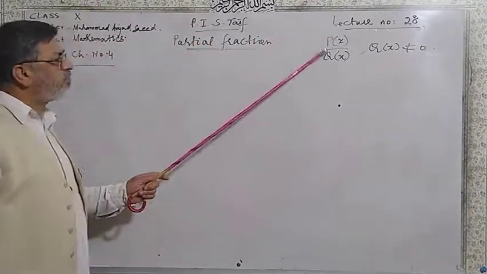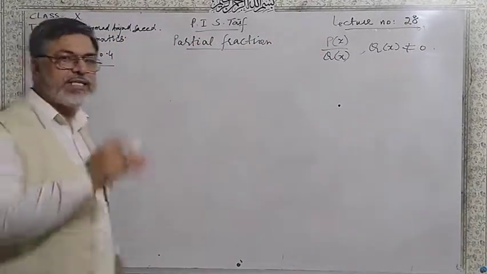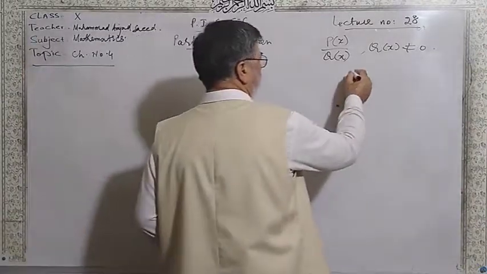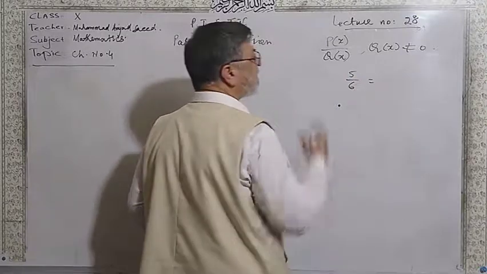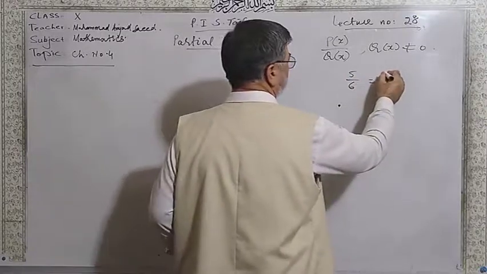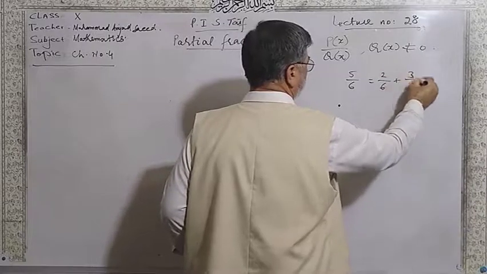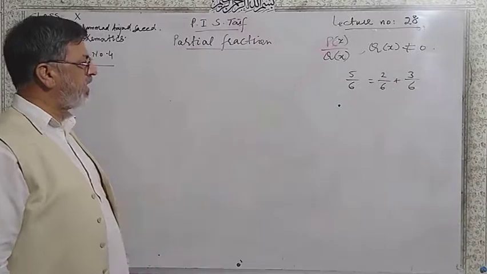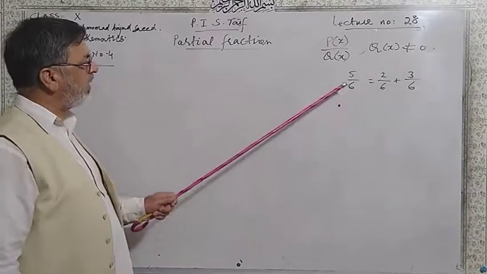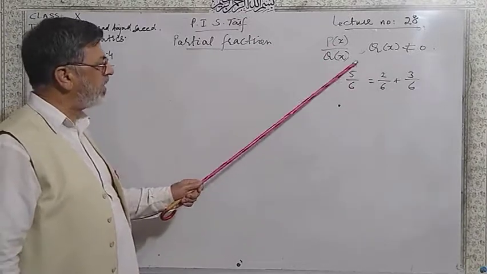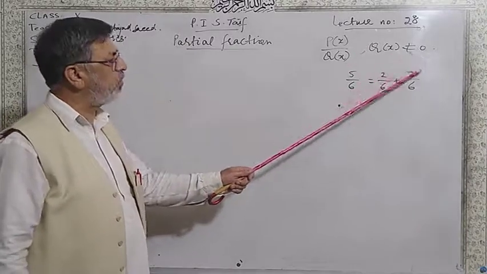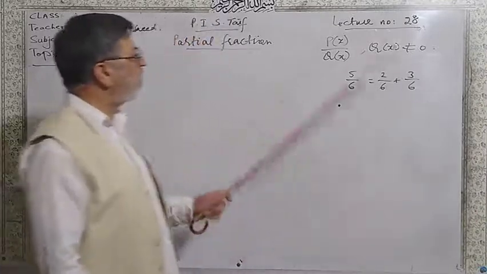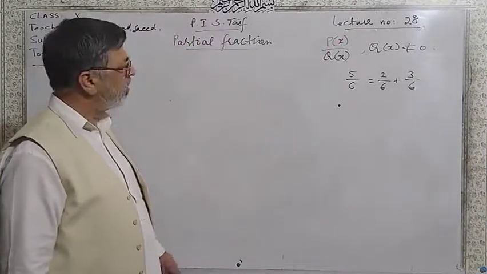If we split up this fraction into its simple fractions, for example, we have 5 over 6, you can split it up as 2 over 6 plus 3 over 6. That right hand side must be equal to left hand side. So in this way, a complex fraction is split up into two or more simpler fractions. That is known as partial fraction.